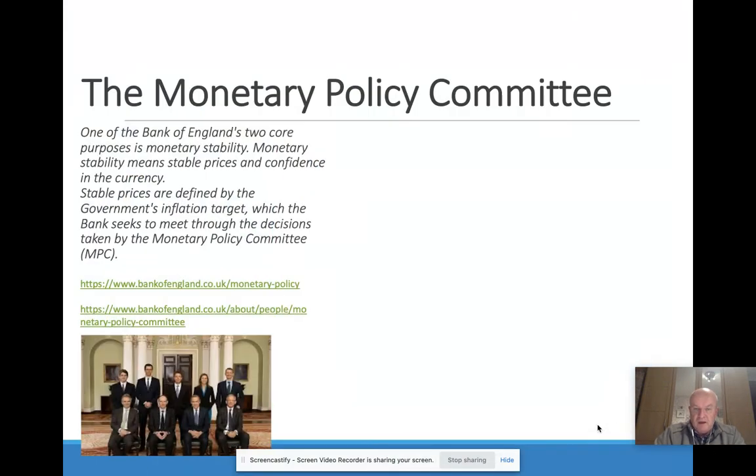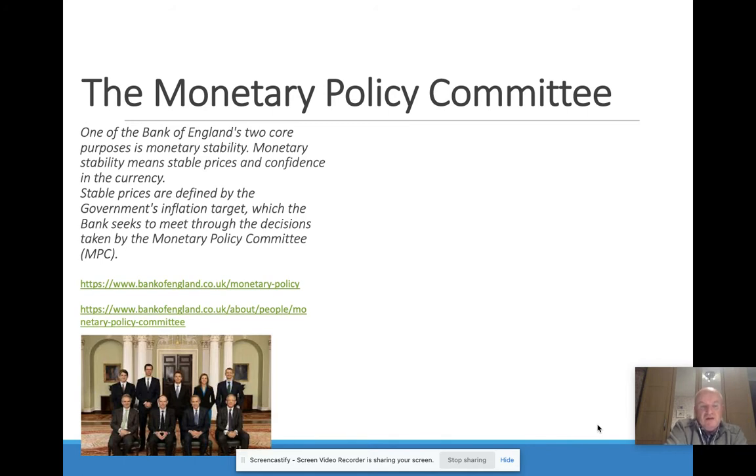So let's take a look at some of the tools, not so much the tools actually as the people who are responsible for trying to manage the economy, and certainly the monetary policy within the economy. We've talked about the fact that the Bank of England have these two core purposes, and one of the key ones obviously is monetary stability.